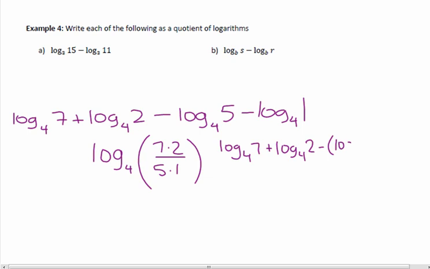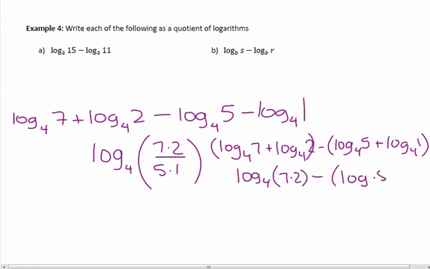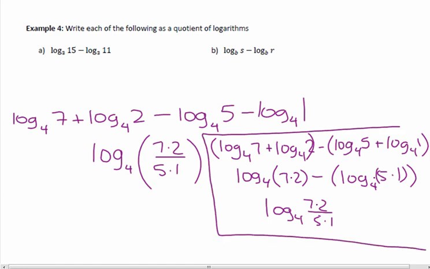Okay, so you can see how, if you factor out the negative, this is a product rule here, so 7 times 2, and this is a product rule here, 5 times 1. And that's where we multiply. Now we have division, so it turns into 7 times 2 over 5 times 1. Okay, so it's a lot more work if I wrote down every step. So we factor out the negative to turn this into a product rule.